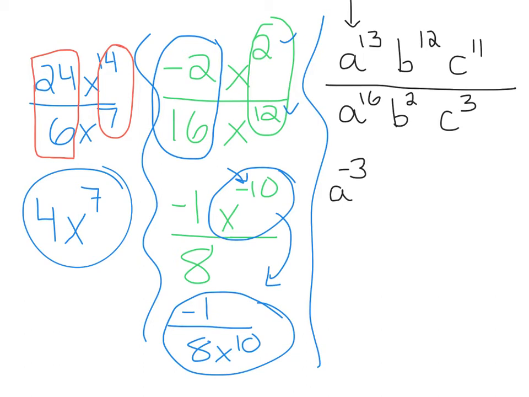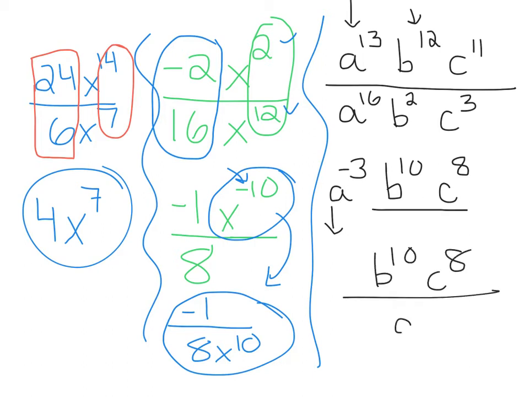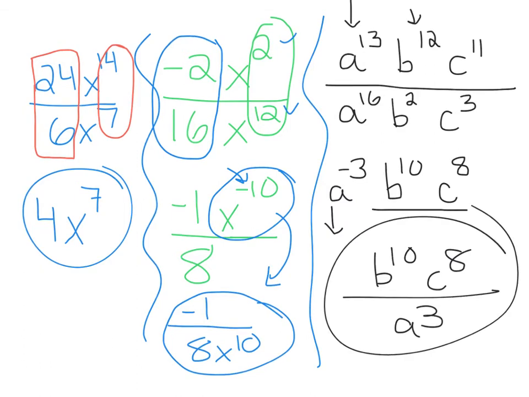And then base b, 12 minus 2, that is b to the power of 10. And then 11 minus 3, so that's c to the power of 8. And then deal with that negative exponent. You keep those up top, and that will send to the denominator to become positive. So b to the 10th, c to the 8th, over a to the 3rd is the final answer.